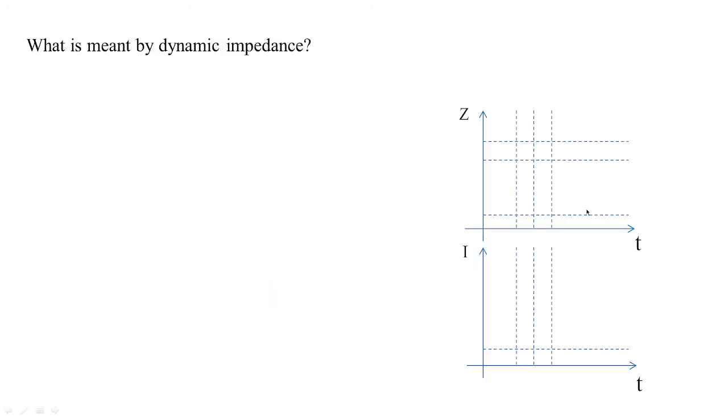So here an important factor is what is meant by dynamic impedance. Like in the series resonating circuit, we have estimated the graph for impedance as well as the current. Here, under the parallel resonating circuit with RL in series, parallel to the capacitor, the resonant frequency is given by F naught and the current is assumed to be the minimum value, because it's a parallel circuit, so the current gets divided.